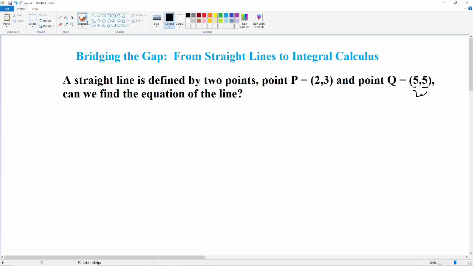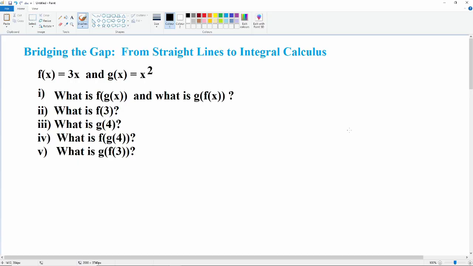Okay, I think we've covered enough for functions for this lesson. Let's work through a few questions and see how we get on. Okay, so we've got 5 questions here. By the time we get through all 5, we should be fairly confident with what we're doing, I hope. Okay, so f of x is equal to 3x and g of x is equal to x squared.